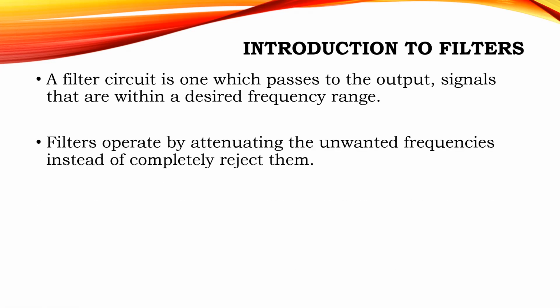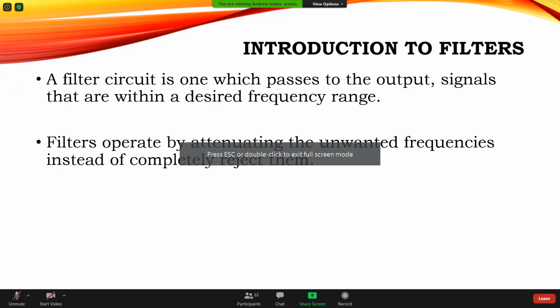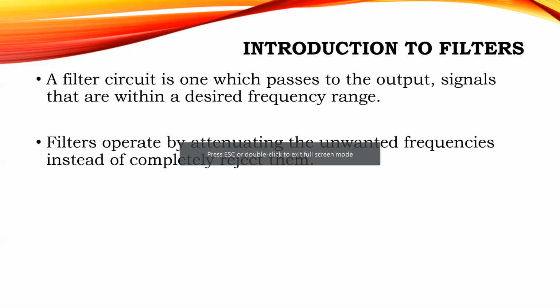We use this term that filters attenuate unwanted frequencies instead of completely rejecting them. And that is important because when we use the word attenuate, what that really means is that it gradually reduces the size or the intensity of the signal, all right?